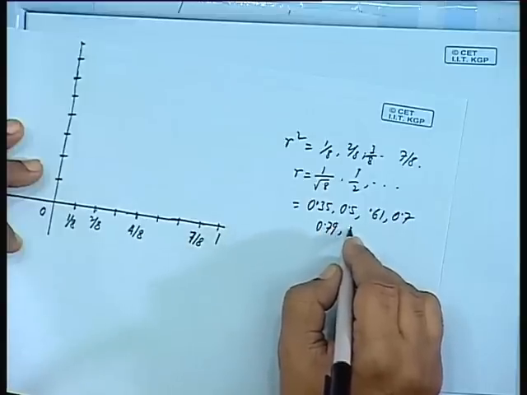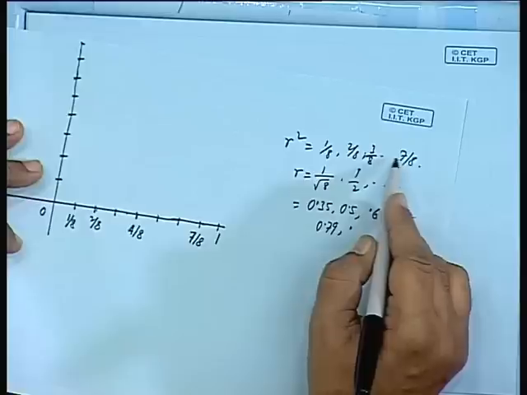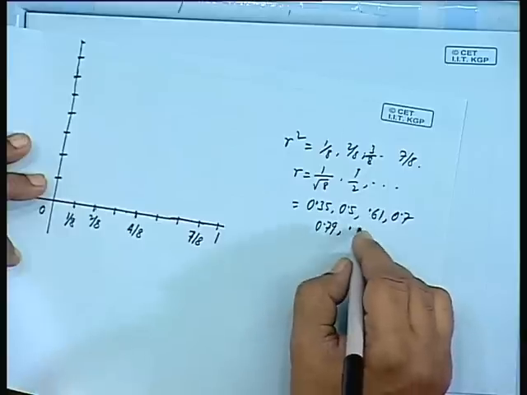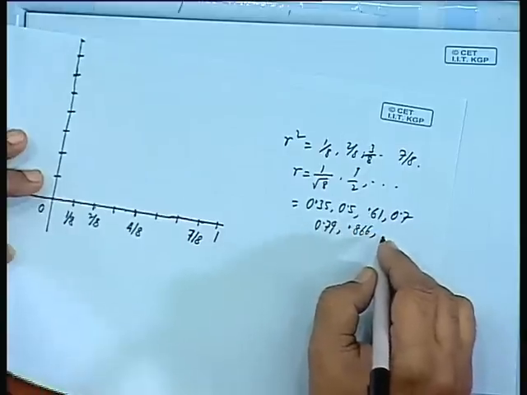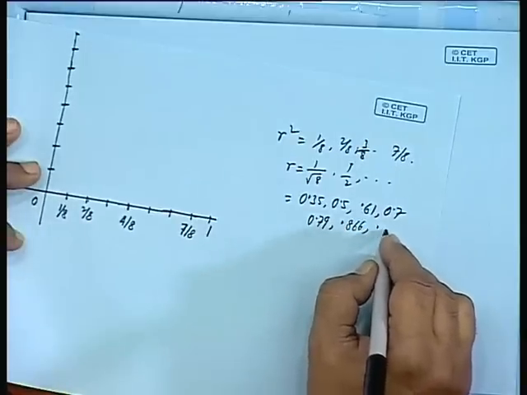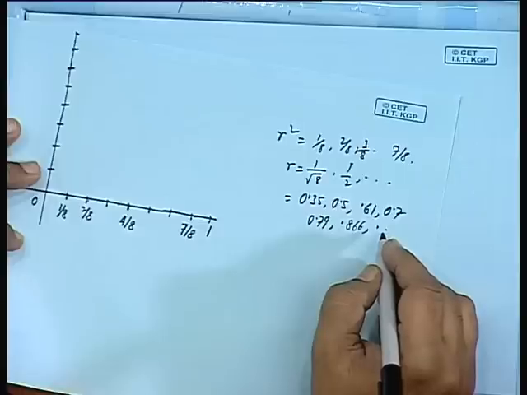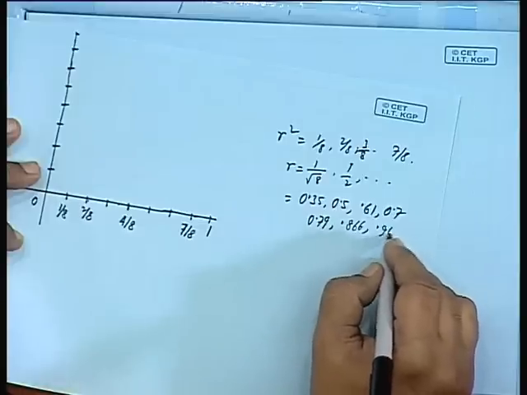These are approximate values. Then 6 by 8 is root 3 by 2, so 0.866, and 7 by 8 is approximately 0.94.